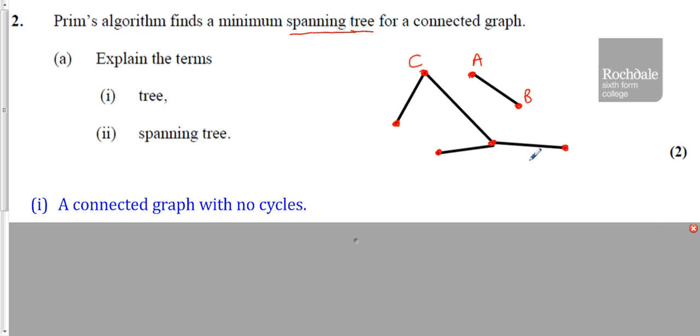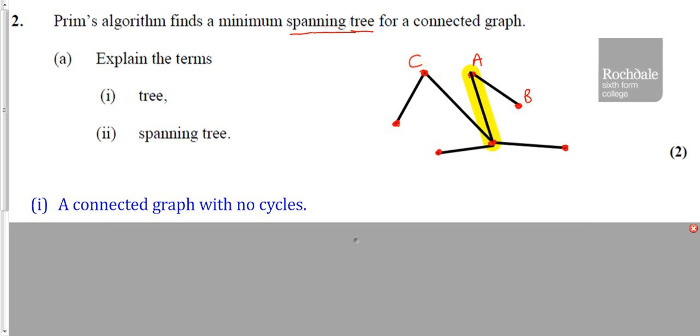So this graph here is not connected. If I add one more edge, for example, from A down here, this graph is now connected because it is possible now to travel from A to C. So this is now an example of a connected graph.